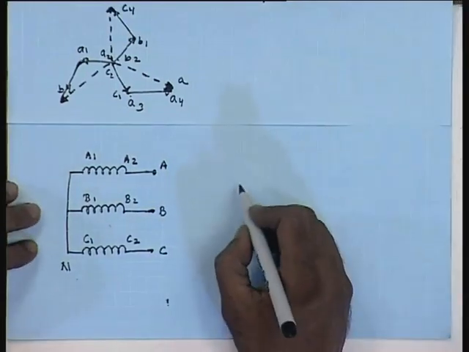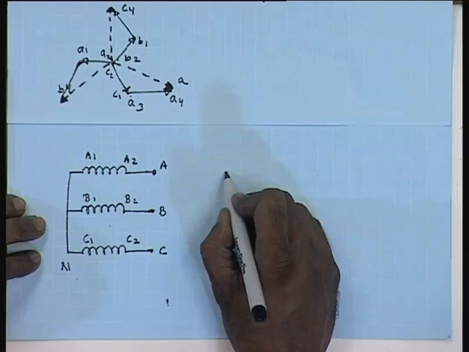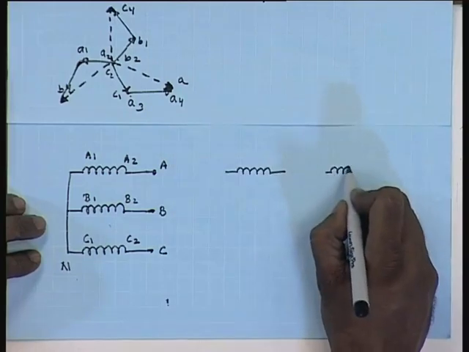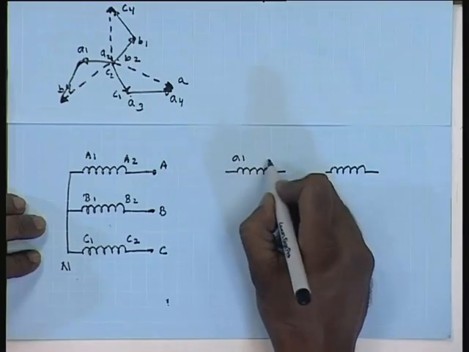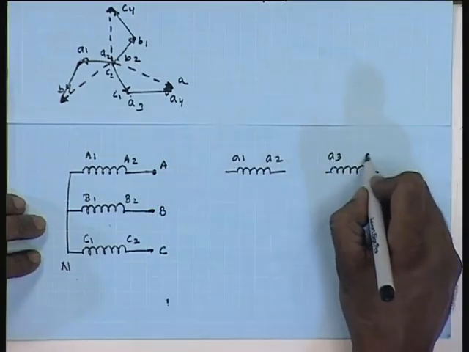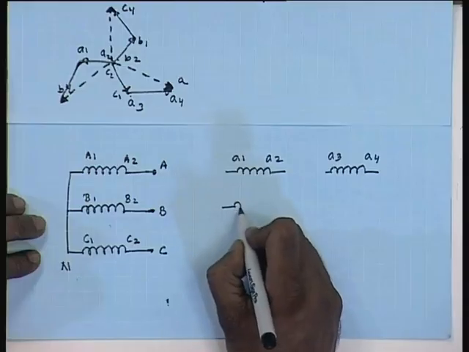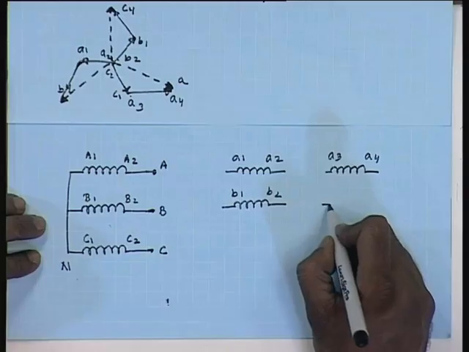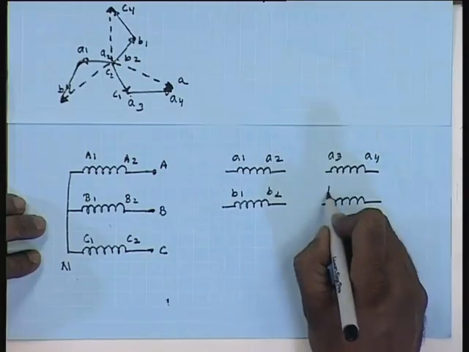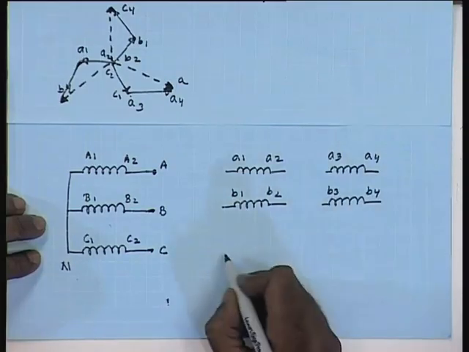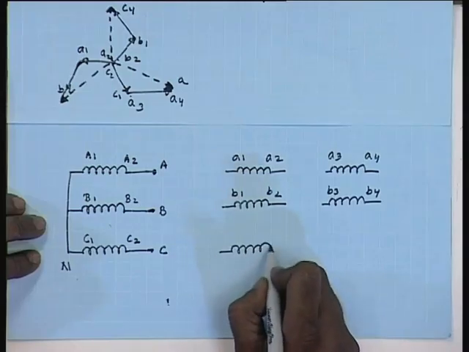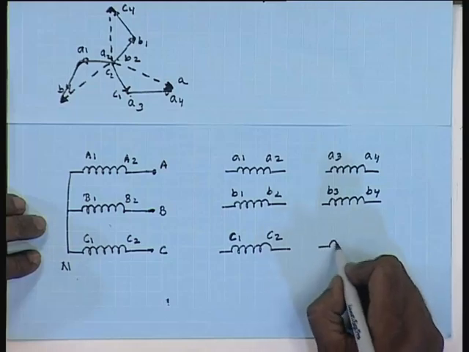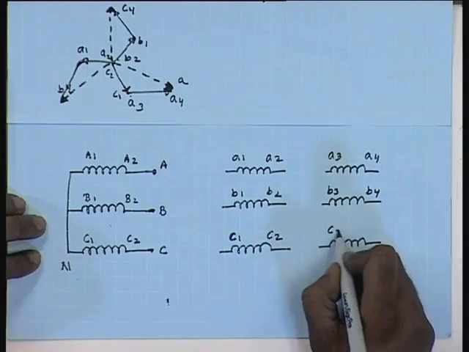On the zigzag side we have 6 windings: A1, A2, A3, A4, B1, B2, B3, B4, C1, C2, C3, C4.